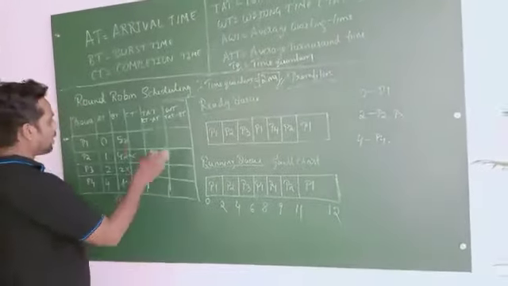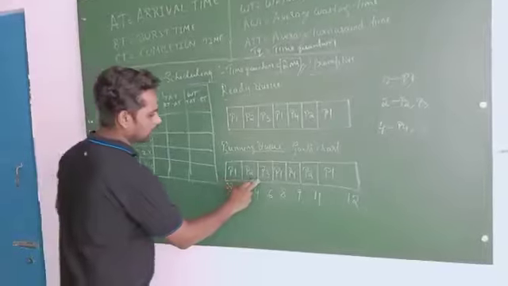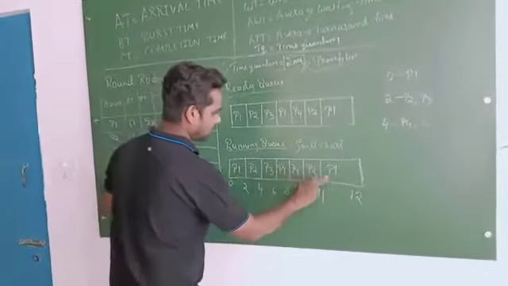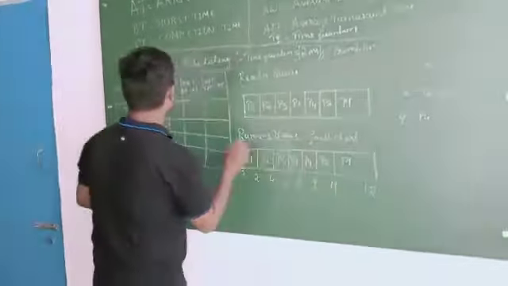So now you need to write the completion time and all. P1, where is it? Here it is, here it is, but the right one you will take. So P1 completion time is 12. P2, here it is, here it is, towards the right. Completion time is 11. P3, completion time is 6.